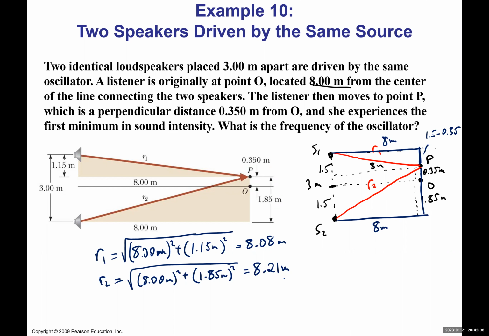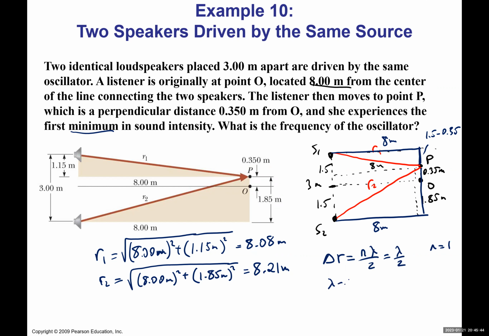From here, I can take that and calculate the wavelength. Now we are told that she experiences the first minimum. What is a minimum? It's a destructive interference. First means n equals 1. That means delta R equals n lambda over 2, so it's lambda over 2.